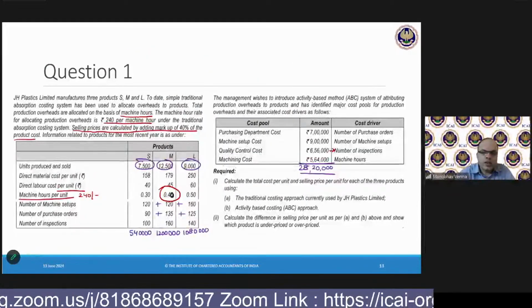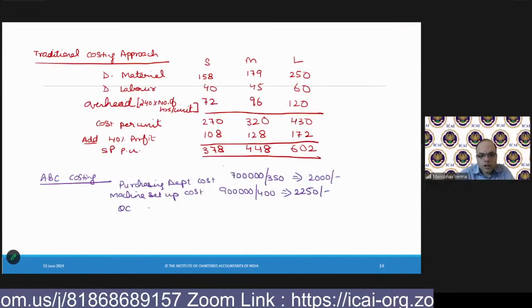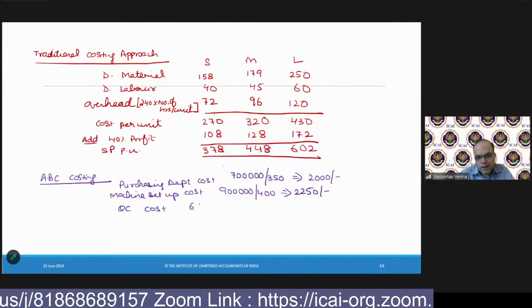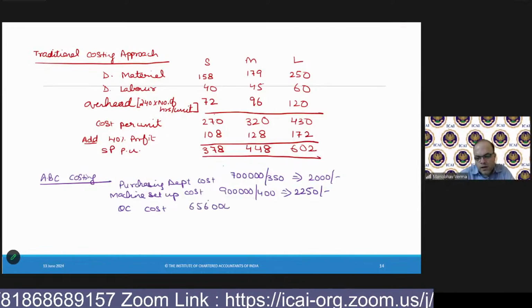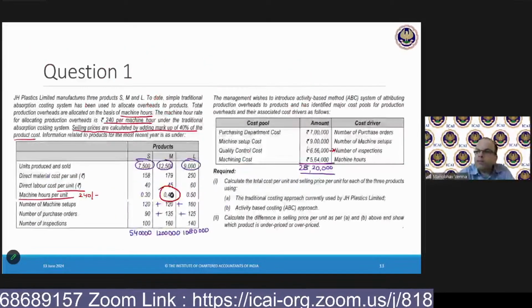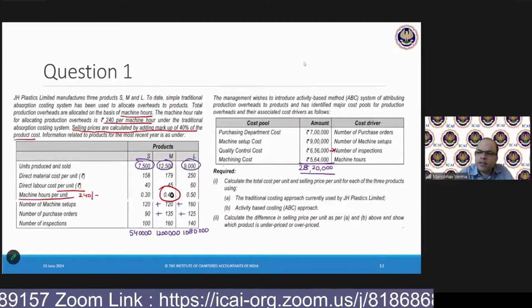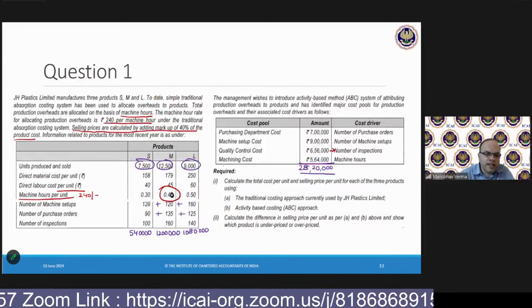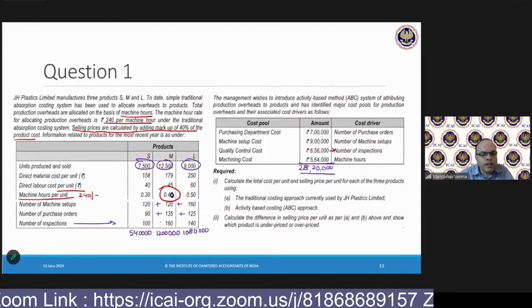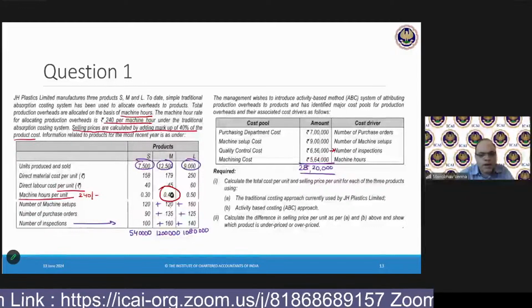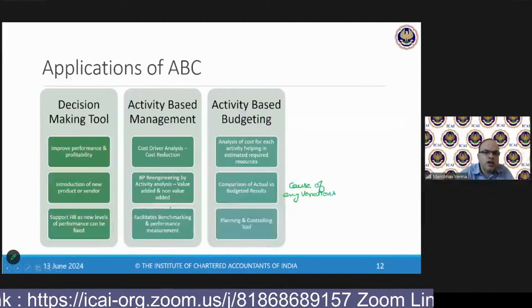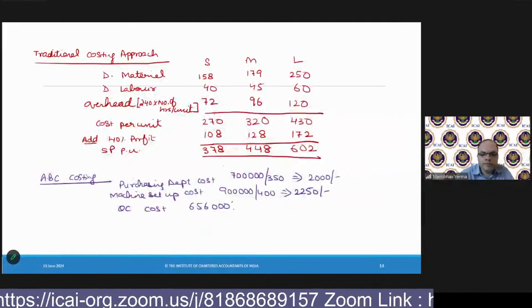And then we have a QC cost of 6,56,000. For that, the cost driver here is number of inspections. Do we have number of inspections? Yes, we have. So number of inspections are 100 plus 160 plus 140, which seems a total of 400 here.